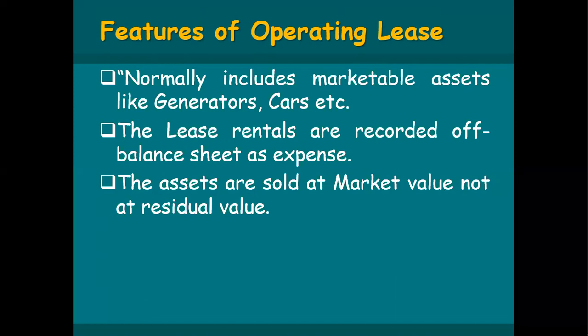The lease rentals are recorded off balance sheet as expense. So it is also a very important feature, how we book the rentals for the operating lease. The assets are sold at market value, not at residual value.